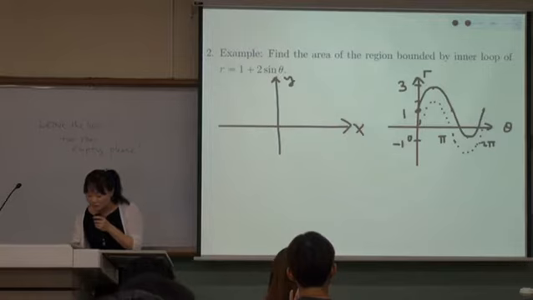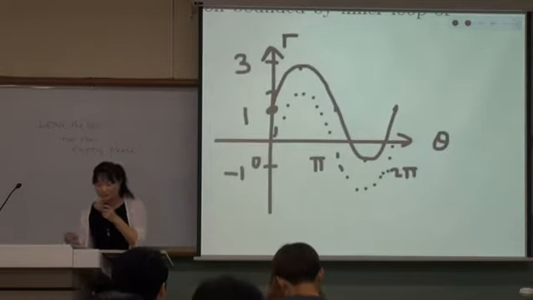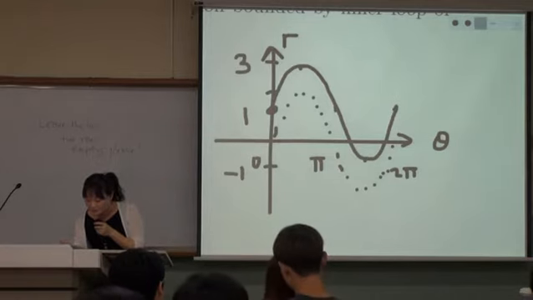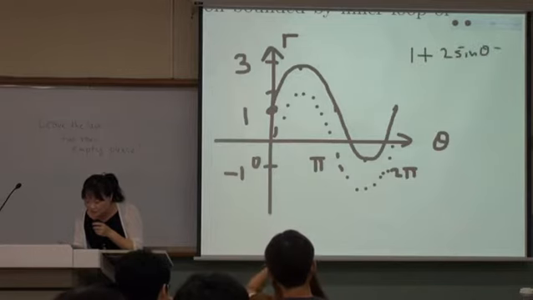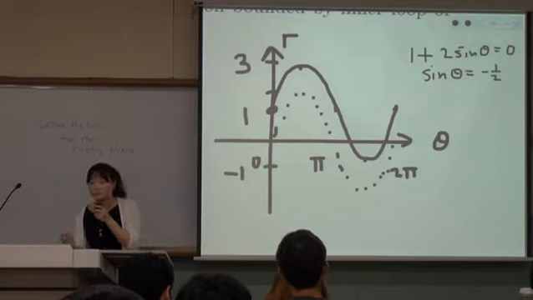And we have to see where they are 0. So when are they 0? 1 plus 2 sine theta must be 0. So theta is, sine theta should be minus 1/2.